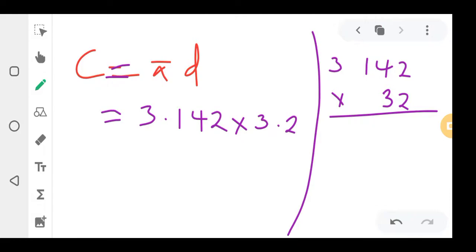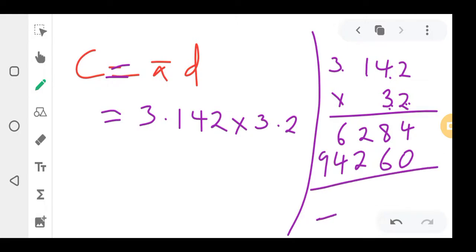So 2 times 2, it is 4. 2 times 4, it is 8. 2 times 1, it is 2. 2 times 3, it is 6. And then you put placeholder 0. 3 times 2, it is 6. 3 times 4, 12. 2, carry 1. 3 times 1, 3 plus 1, 4. 3 times 3, it is 9.